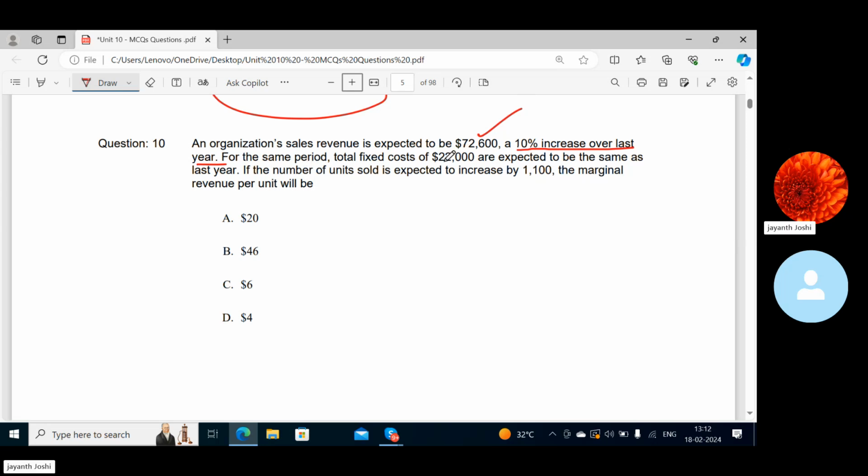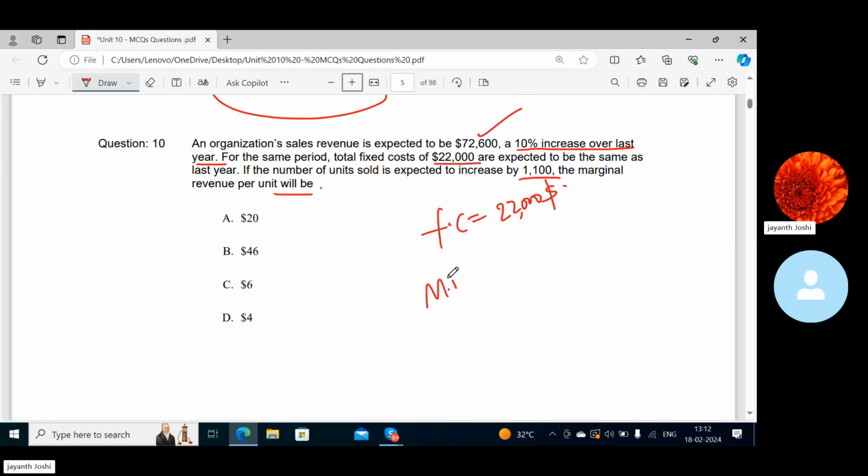And for the same period, total fixed cost is $22,000, expected to be the same as last year. If the number of units sold is expected to increase by 1100, the marginal revenue per unit will be what?